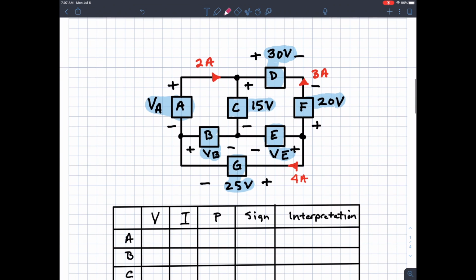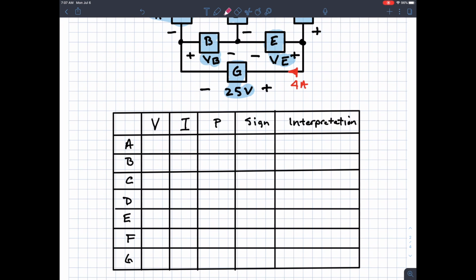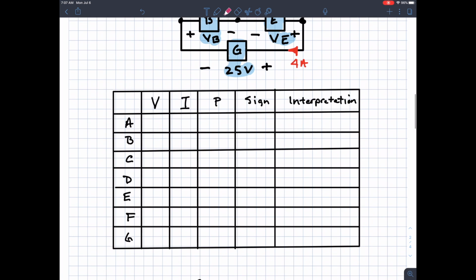Here's the problem that I'm going to assign for homework, and you should go through that and figure out the unknown voltages, figure out unknown currents, fill in the chart, determine the sign convention, and then interpret the power. There'll be an exam problem like this, so it's worth putting your time in so that you'll know how to do this exam problem.